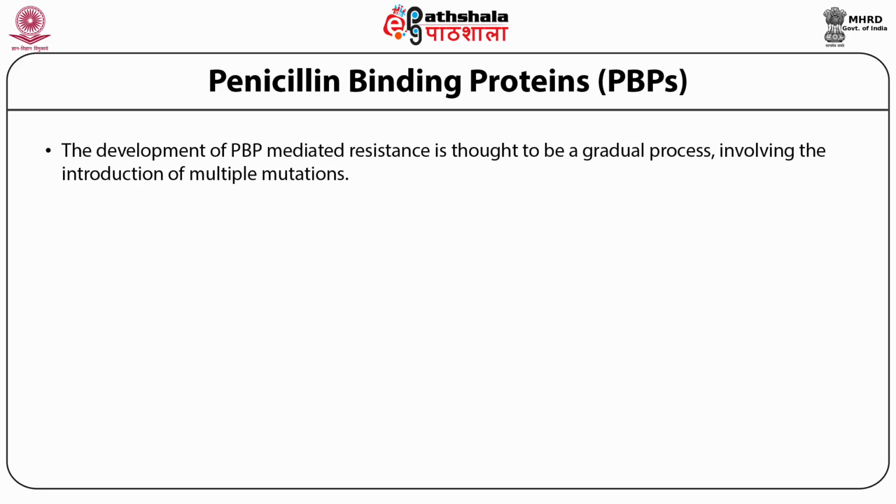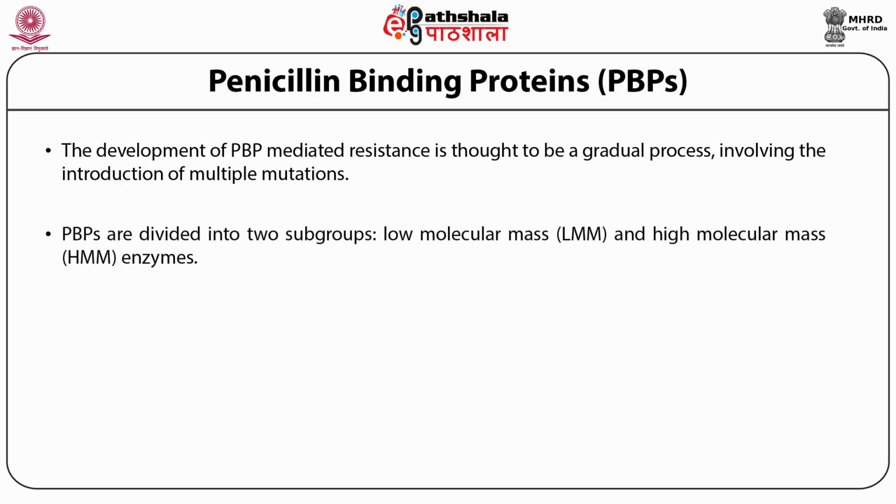Development of PBP mediated resistance is thought to be a gradual process involving the introduction of multiple mutations in the PBPs. PBPs are divided into two subgroups. The first is low molecular mass PBPs and the second is high molecular mass PBP enzymes.